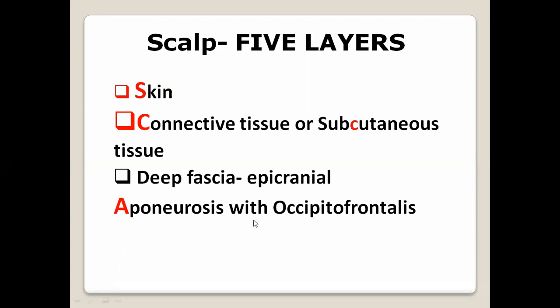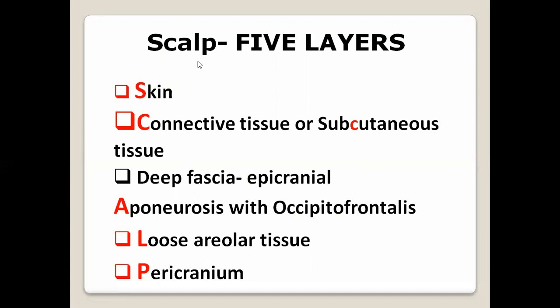It consists of a muscle called the occipitofrontalis muscle. Okay. So the fourth layer of the scalp starts with the letter L, that is the loose areolar tissue. And the fifth layer starts with the letter P, that is the pericranium. I think you are clear with the 5 layers and you have to remember SCALP.